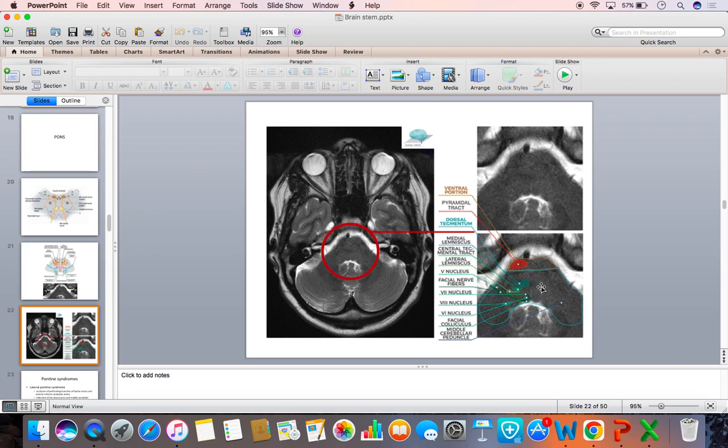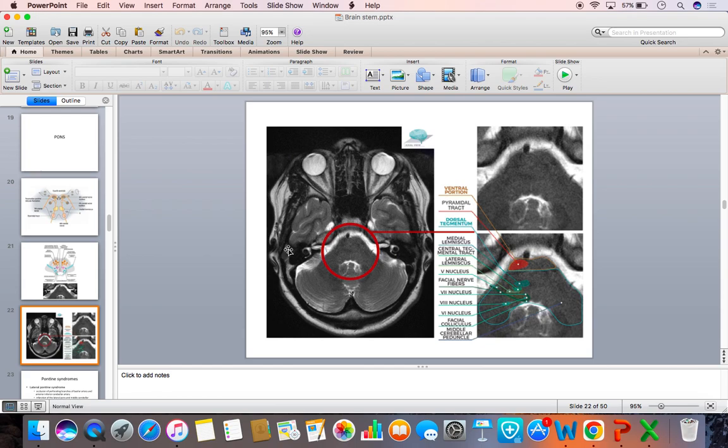They are located towards the central part of the pons. So these are the various structures in the pons, and occlusion of the blood vessels supplying the pons will result in the clinical syndromes.